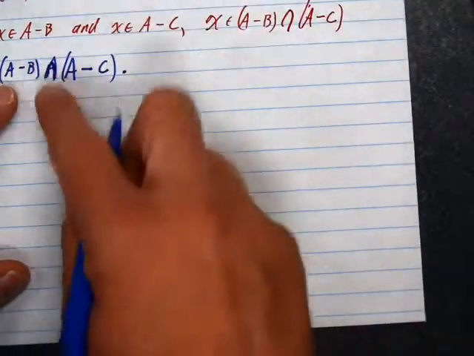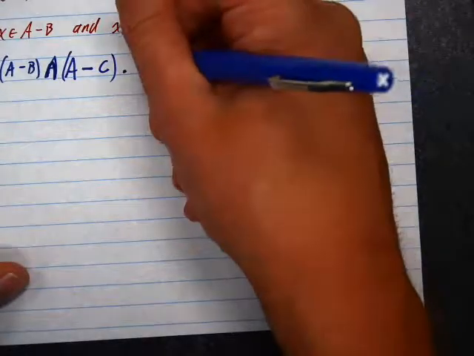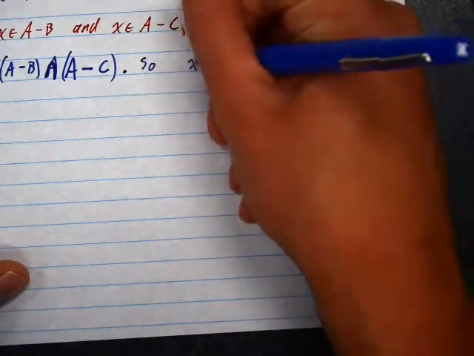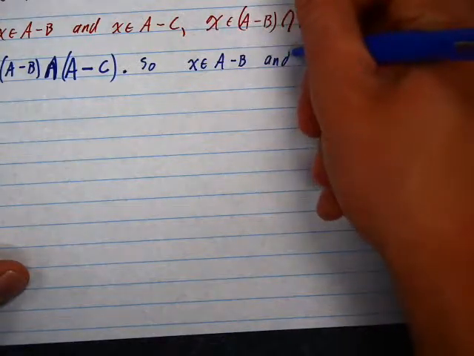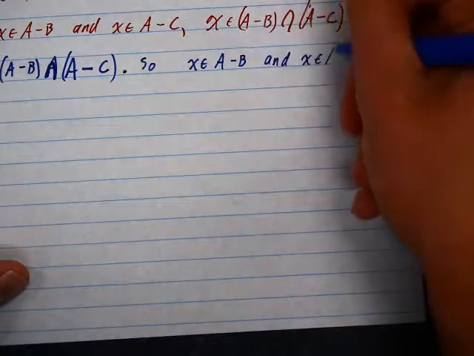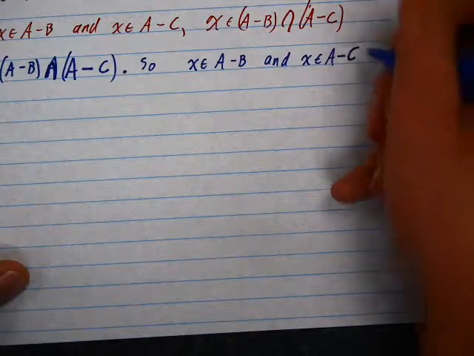Since x is in this, there's an intersection symbol. So x is in A minus B, and x is in A minus C.